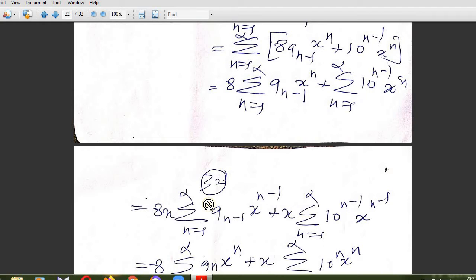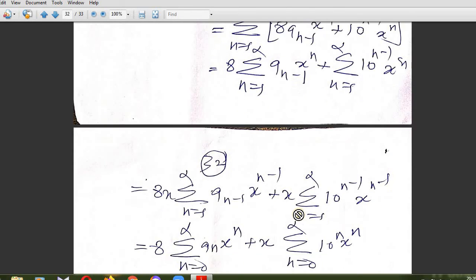So what you will get is 8x, x coming out, times summation n from 1 to infinity a_(n-1) x power n-1, plus, the same way, bring 1 x before the summation. So x times summation n from 1 to infinity 10 to the power n-1 x to the power n-1.